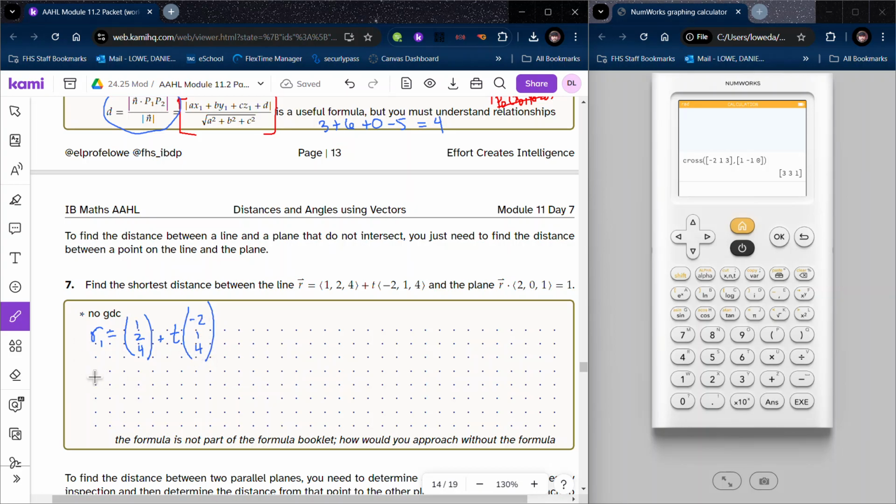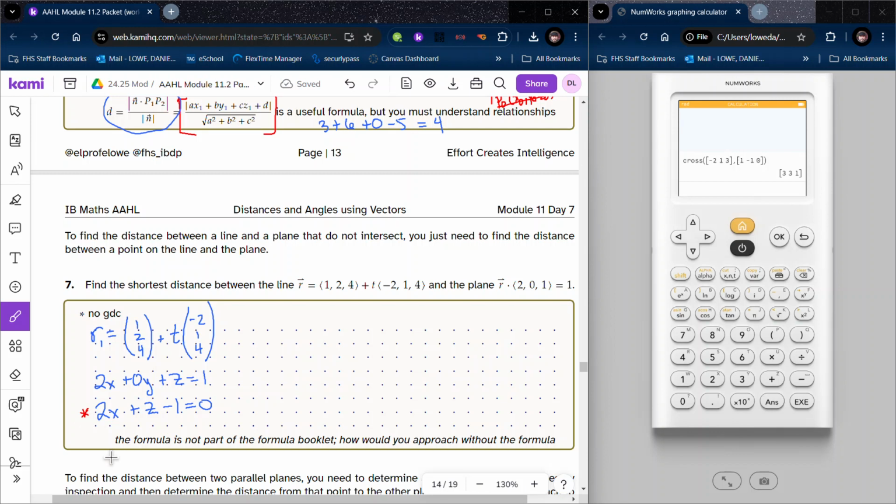And I also have my plane given by 2x plus 0y plus z is equal to 1. So therefore 2x plus z minus 1 is equal to 0, and this is going to be the form of the equation that I want to use.